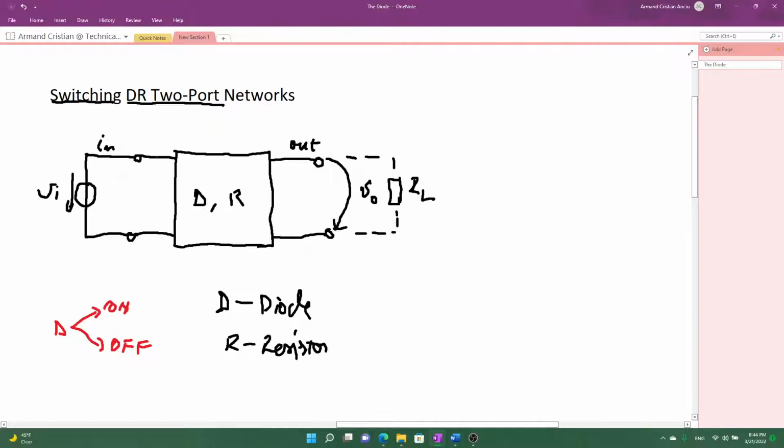And two-port because we have an input port, this one, and an output port. And this entire thing is basically a network because we have input, output, and the DR block all connected, making a network.